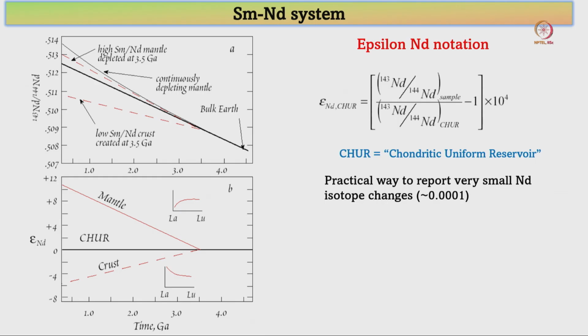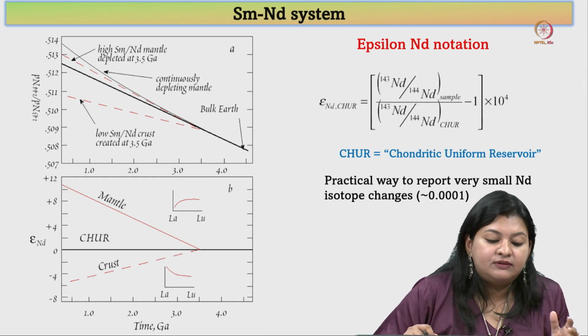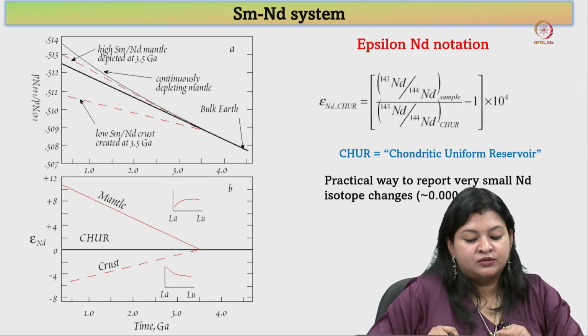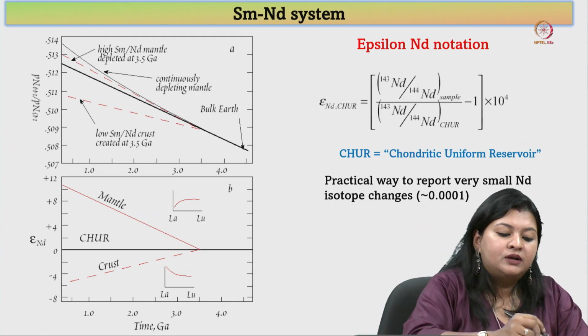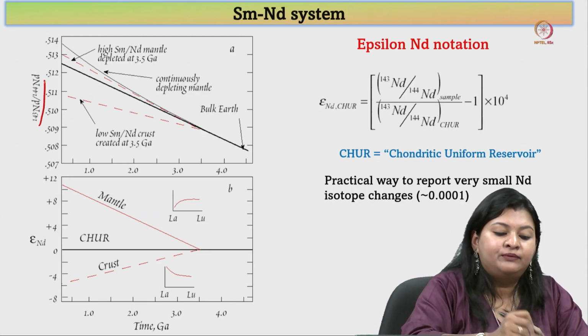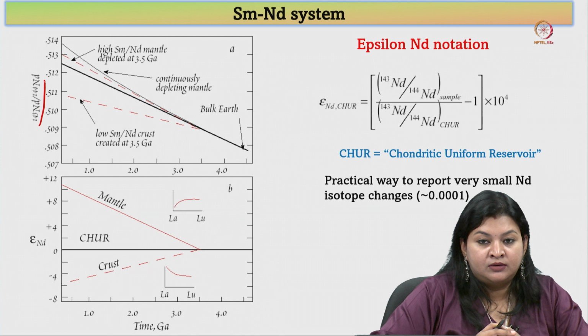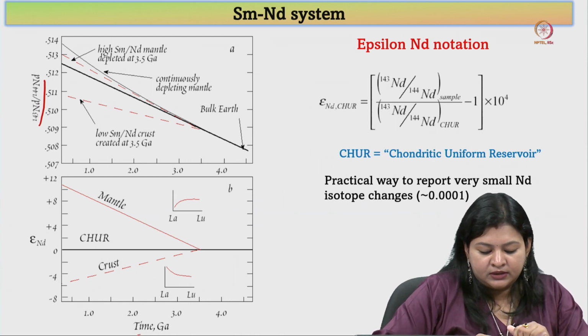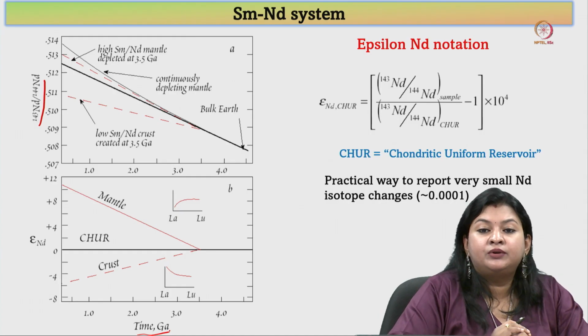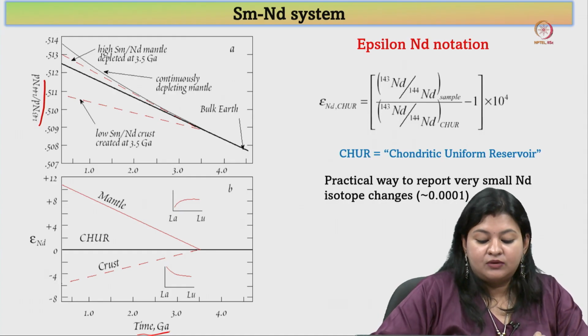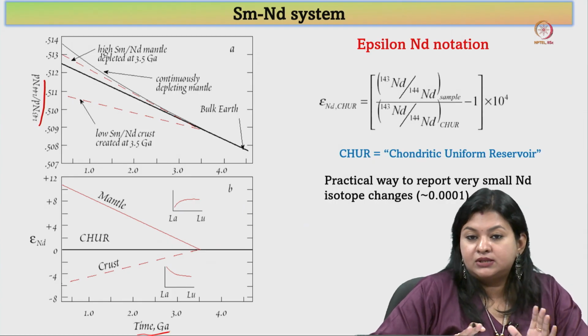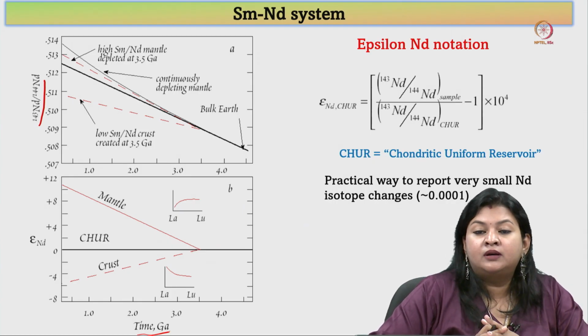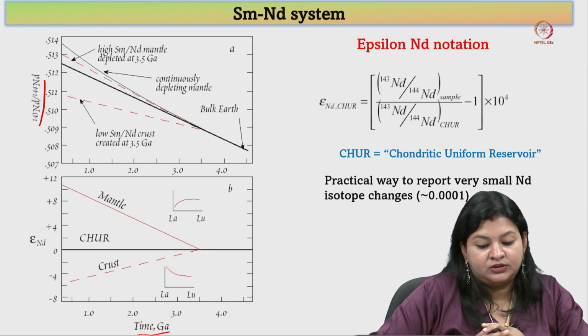If we see a plot similar to what we have seen for strontium isotopes, we are going to plot 143 neodymium by 144 neodymium on the y axis, and on the x axis we are going to plot time, over billions of years. So, throughout Earth's history, how neodymium isotopes have changed.